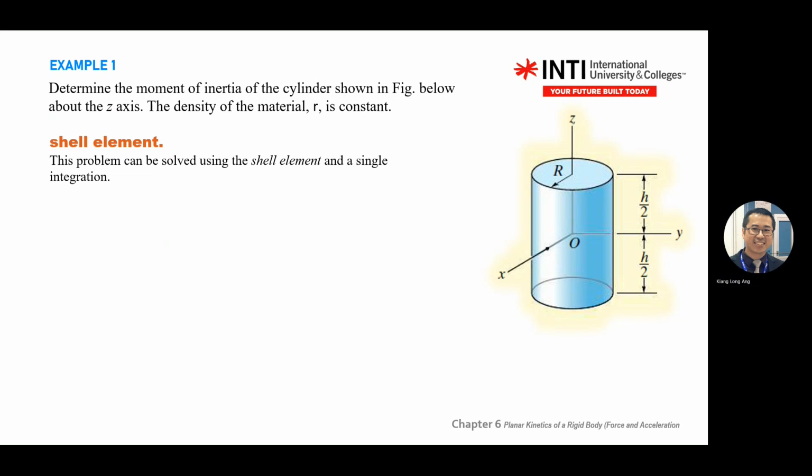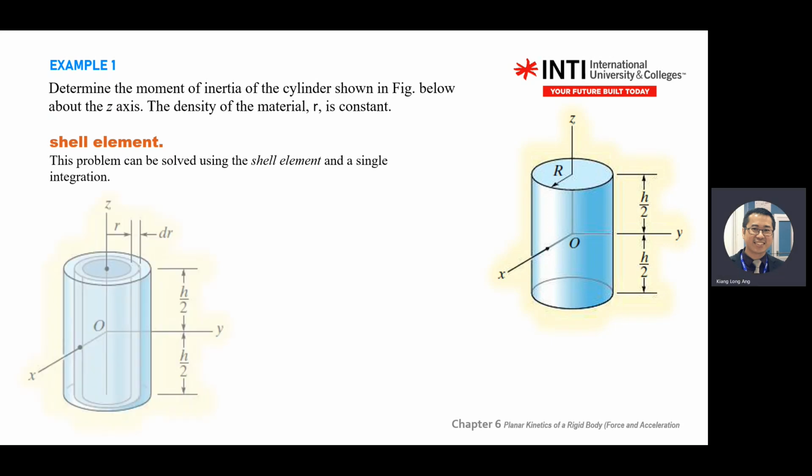Correct. You decrease your R, you'll get a full circle. Okay, simple logic.